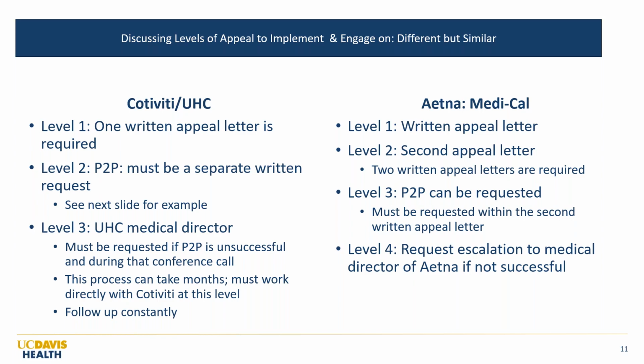If you move to level 3 and you're talking about a payer medical director, is that something where you would engage a physician champion or any other individuals on the facility side? Have you seen any variations on who is participating on the facility side aid in any of the success rates?